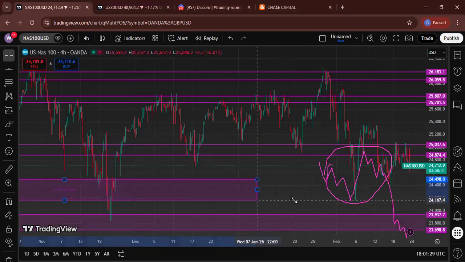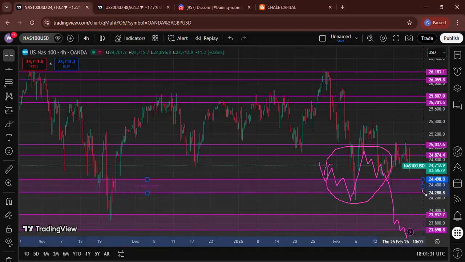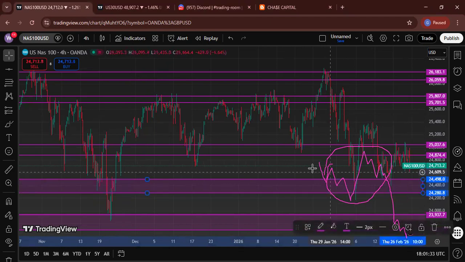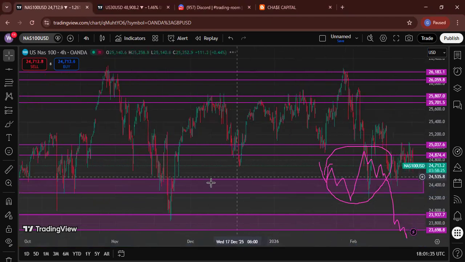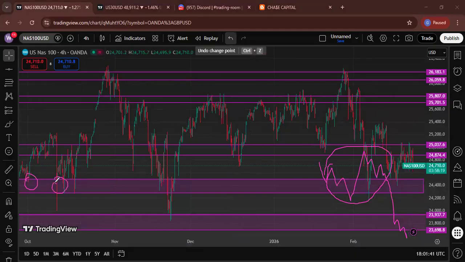If I extend this, you have structure here. We have structure at this area, and look at the number of times price has reacted from this structure. All these times, and even here.